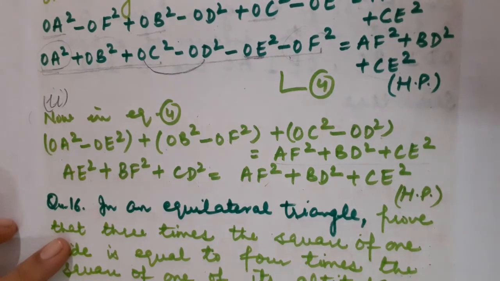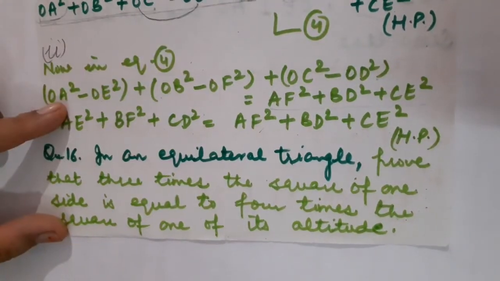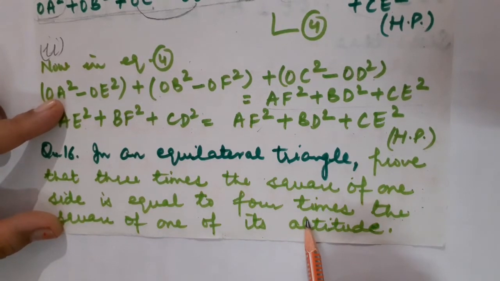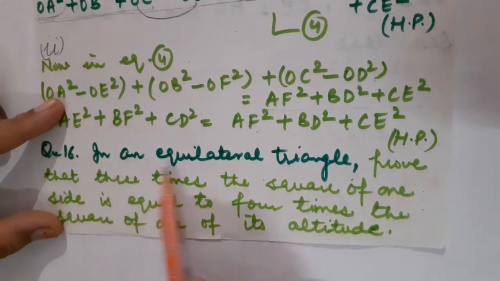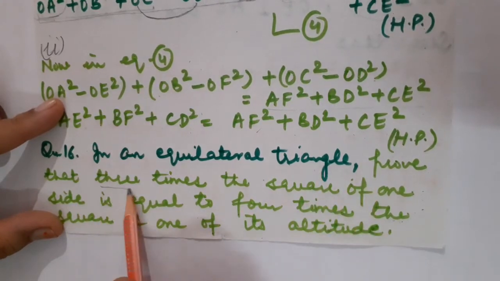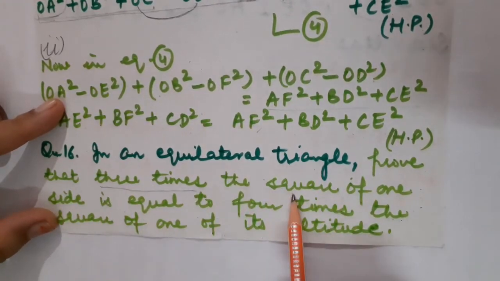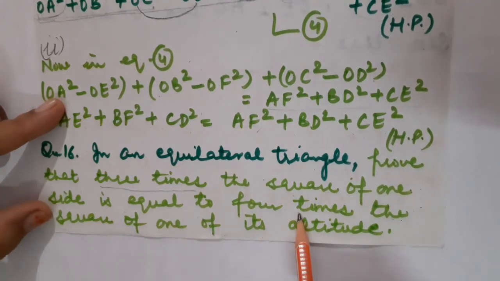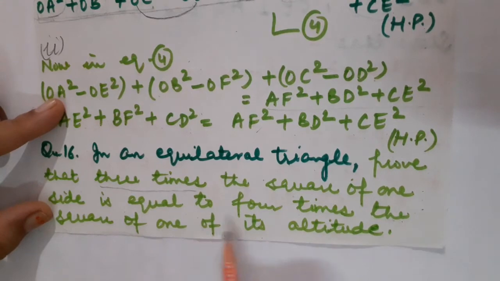Clear? Now children, I am going to take one more problem. This is the easiest problem which I am going to pick now. Please be alert. In an equilateral triangle, prove that 3 times the square of one side is equal to 4 times the square of one of its altitudes.